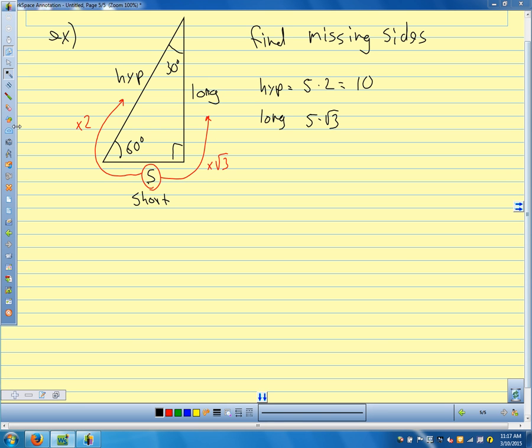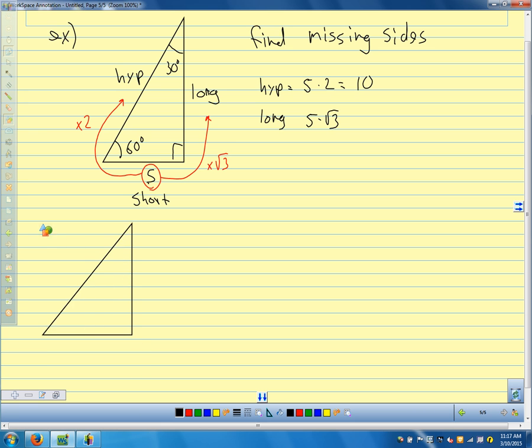All right, let's look at one more. Just where we have to do a little more work, but not a lot.